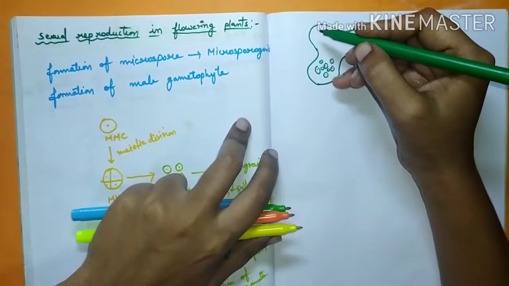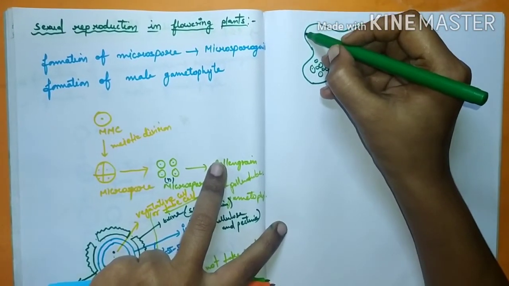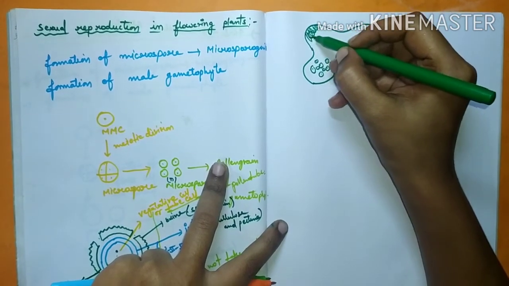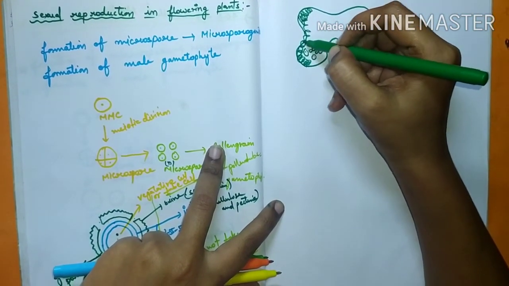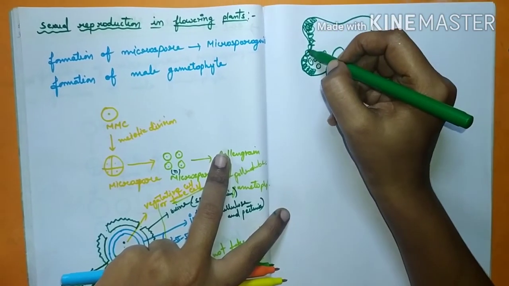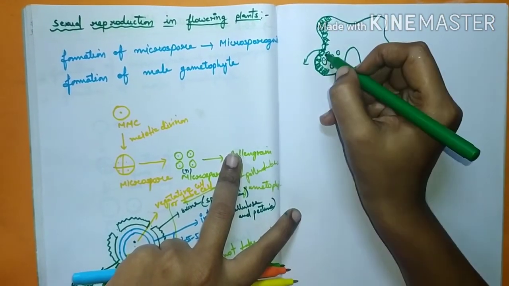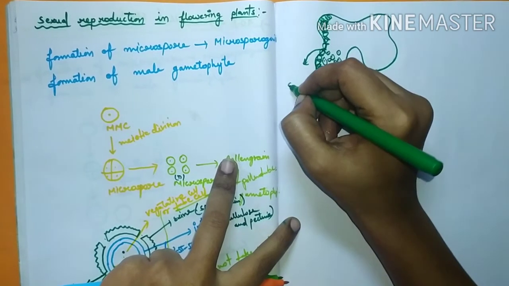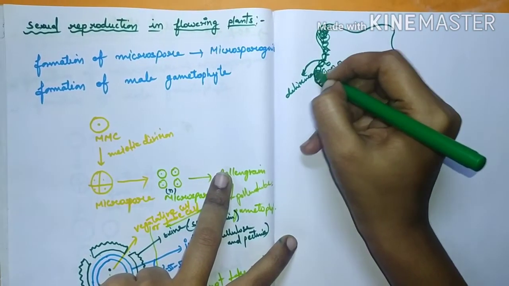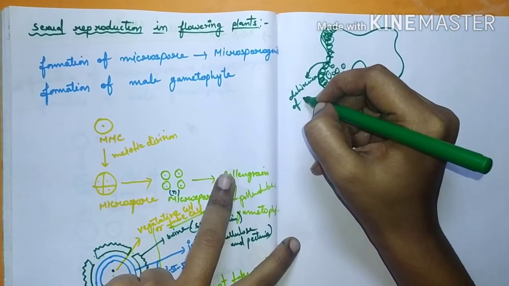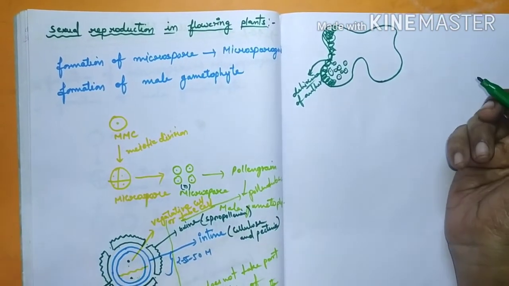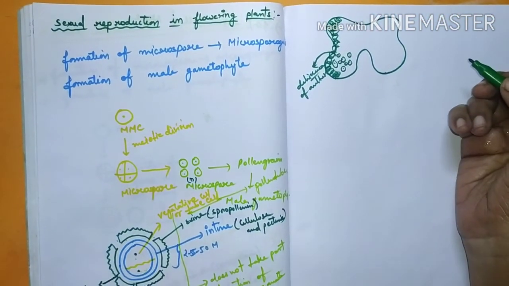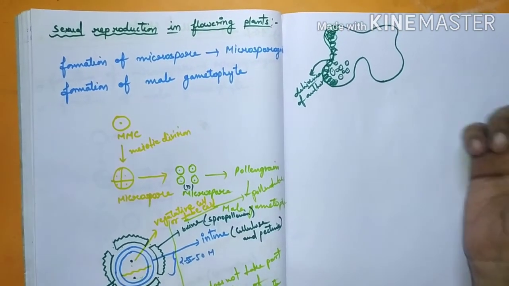Then the wall becomes completely fibrous and these pollen grains are released, which is called dehiscence of anther. So dehiscence of anther will occur. And these pollen grains land on the stigma and fertilization takes place.